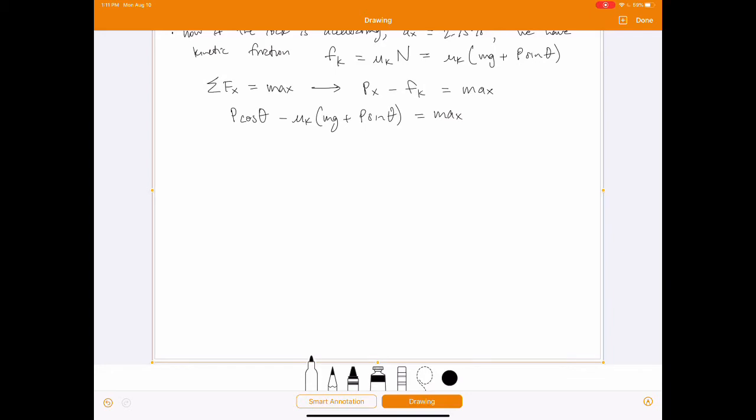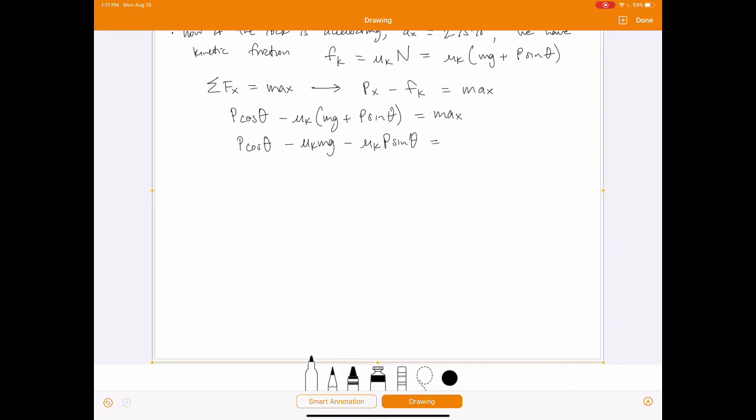So what we're doing is, just like before, we've kind of set the problem up. Now what we do is we solve for the force P, how hard you're pushing the rock. So I've got P cos theta here. I've got minus mu k times mg for the first term. Then I have minus mu k times P sine theta.